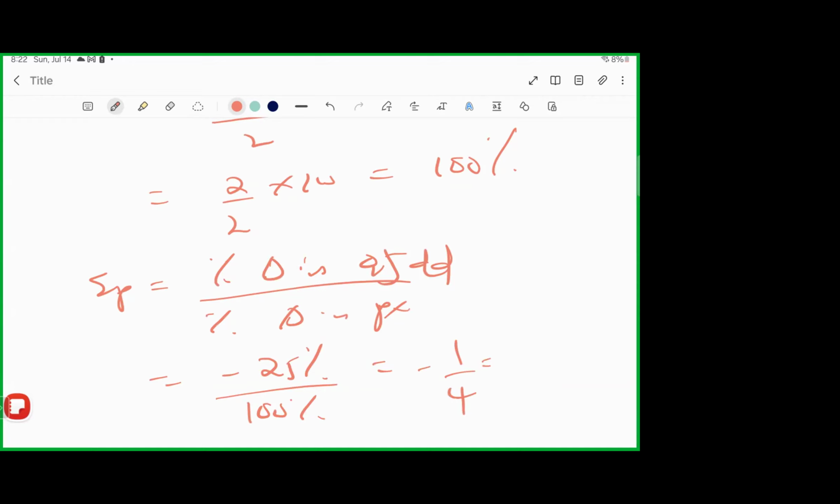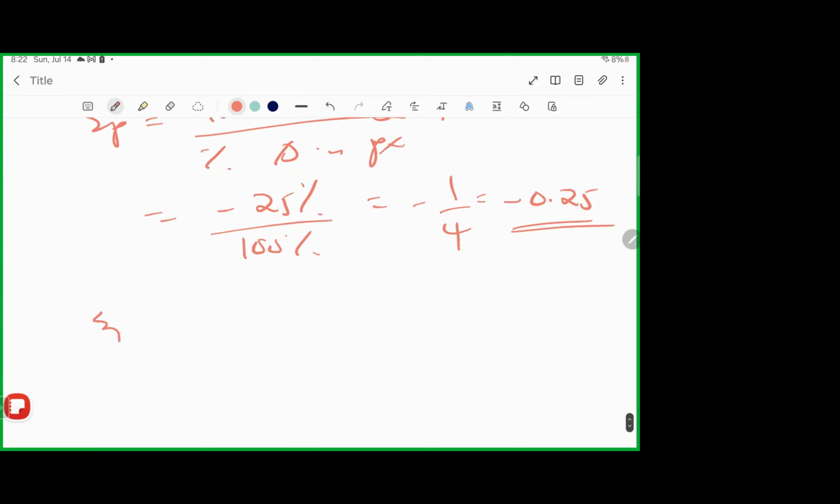You will get 0.25, that's 25%. So our elasticity will be minus 0.25. So this is the elasticity.